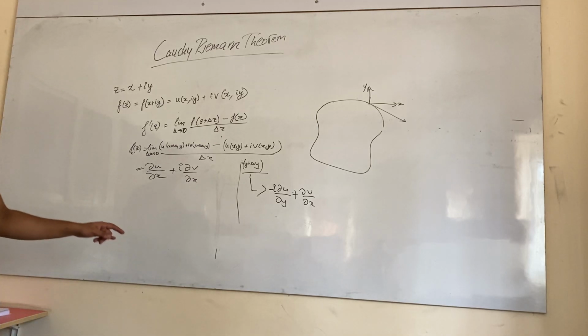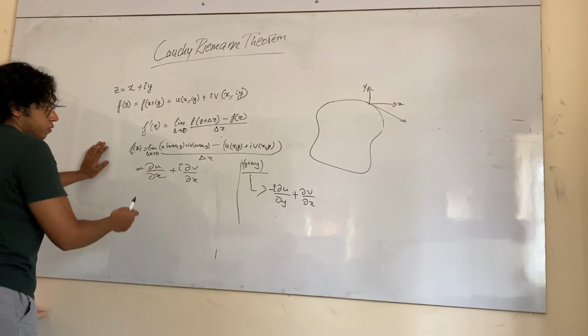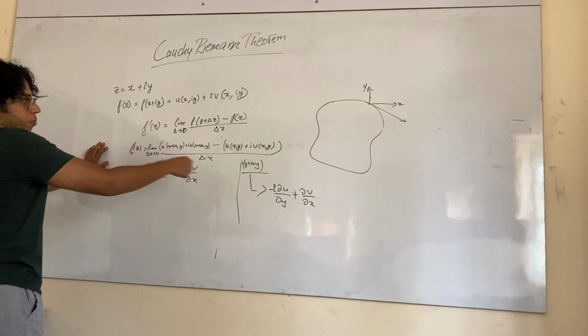Now I will set these two tangents equal, right? Because you are calculating the same f dash of z, so it should be equal.